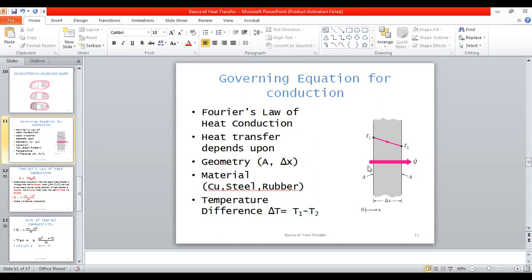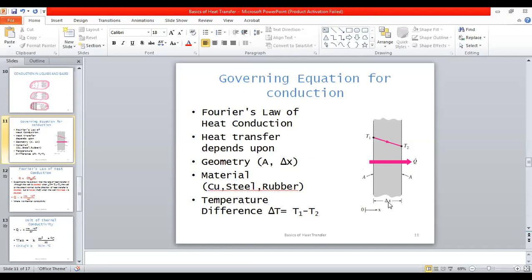Whatever screen you are watching, suppose the wall is perpendicular to that screen, and the area of this wall is given by A. Suppose this is the height of the wall and the length is perpendicular to this screen, then height into length is this area. If this area is more, then there will be more and more heat transfer. If this area is less, then heat transfer will be less. Means we can say that heat transfer is directly proportional to this area.